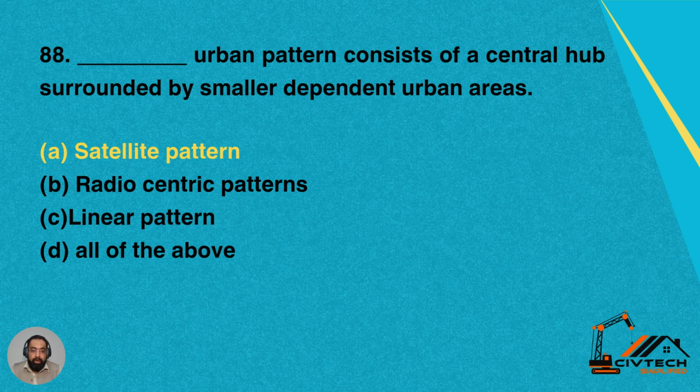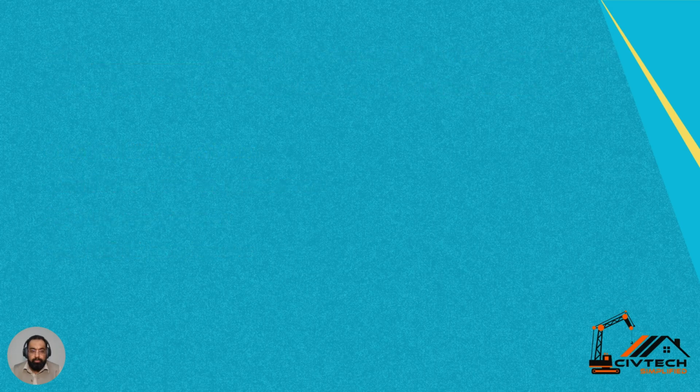Option A is satellite pattern, B is radiocentric pattern, C is linear pattern, D is all of the above. So option A is correct, which is satellite pattern. In the satellite pattern, the central hub is surrounded by smaller dependent urban areas.